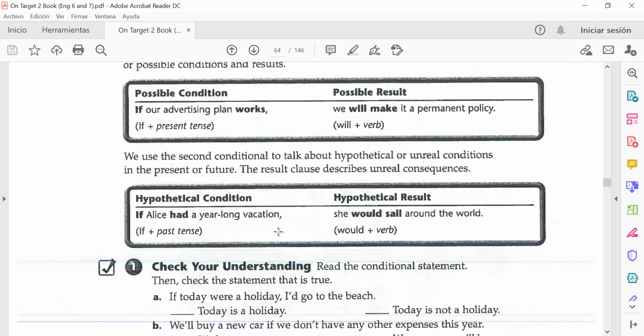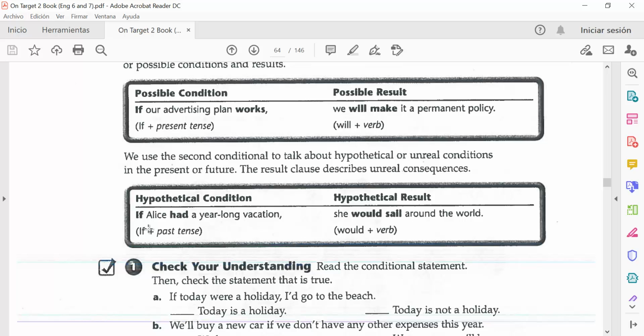What happens in the second clause, in the result clause? Well, you form it with the auxiliary would plus the verb. Example, if Alice had a year-long vacation, she would sail around the world. Okay? But remember that we are talking about things that are not real.